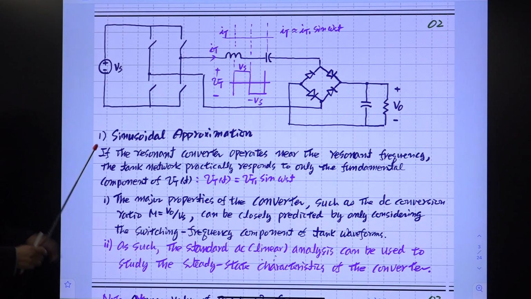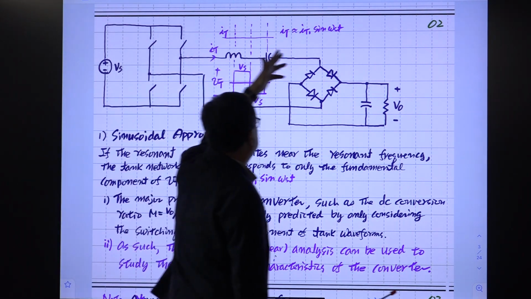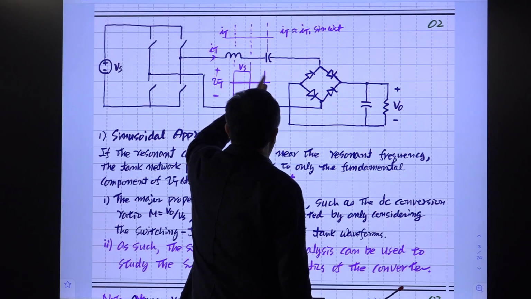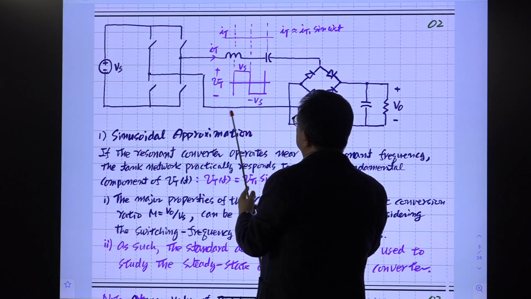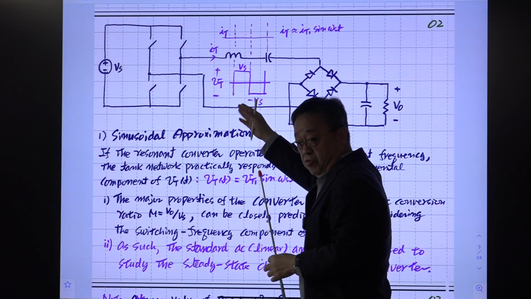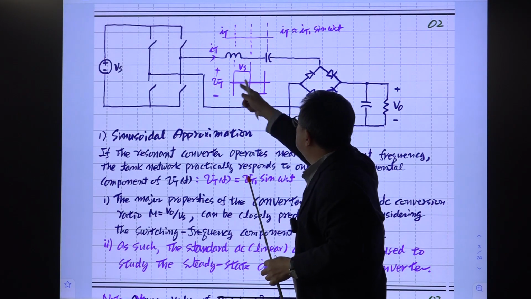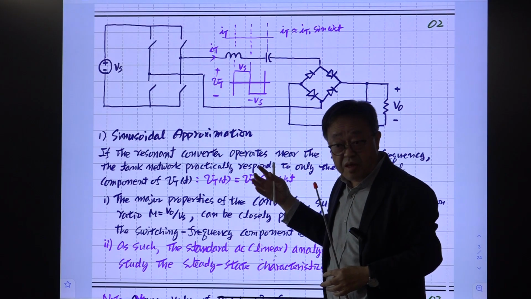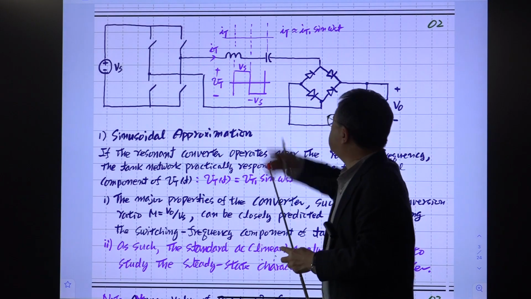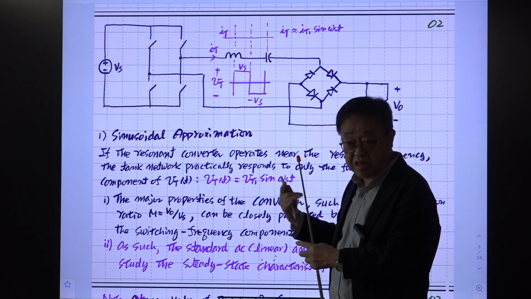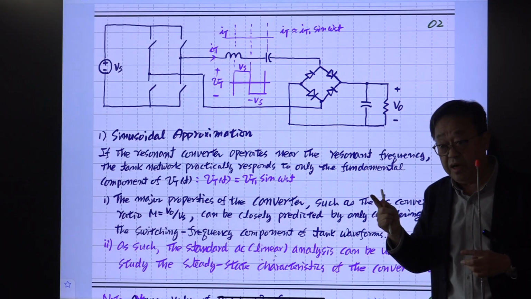Then these current waveforms are sinusoidal. And you have these square waveforms, but the circuit is only responding to this fundamental component. So we can consider this as a sinusoidal input in our mind. You are not seeing this, but the circuit takes only the fundamental component.